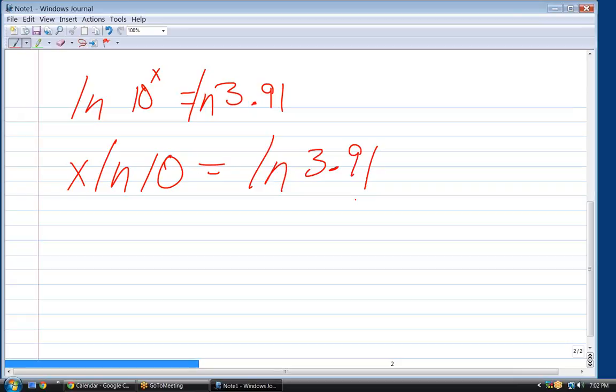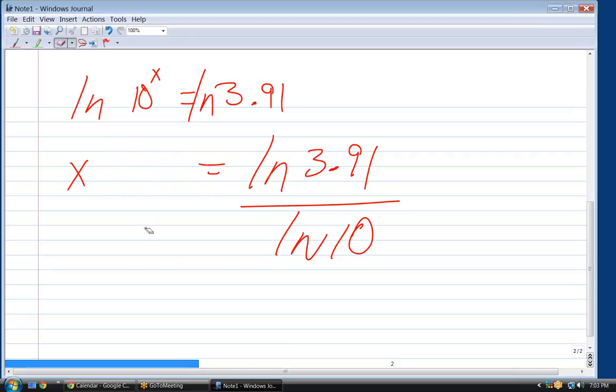Now I can divide both sides by the natural log of 10, and I get that. And that's also an answer. That is going to be the same thing as the common log of 3.91. But it's only because this had a base of 10 that we could do that.